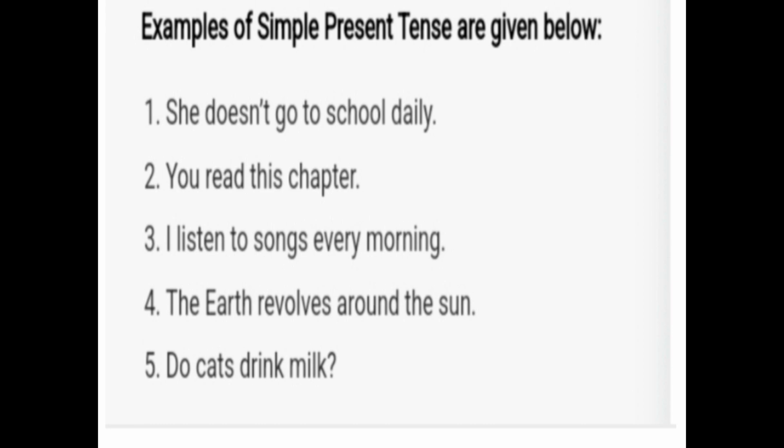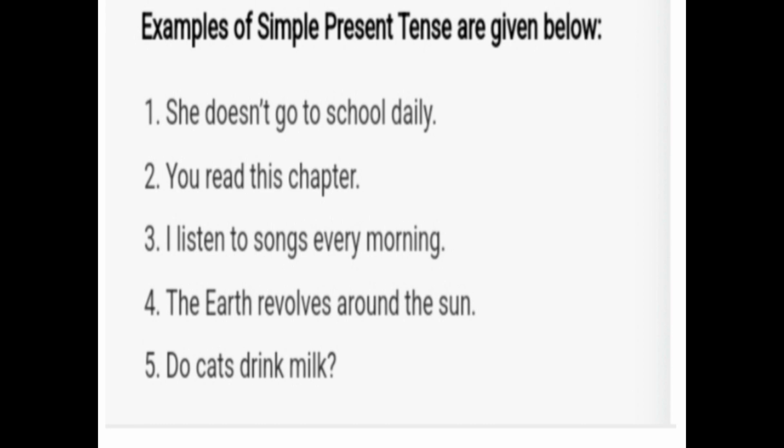I listen to songs every morning. See, when we convert this sentence into yes or no, the sentence becomes: Do I listen to songs every morning? The earth revolves around the sun. Do cats drink milk? See, so this is how we are going to change the sentences.